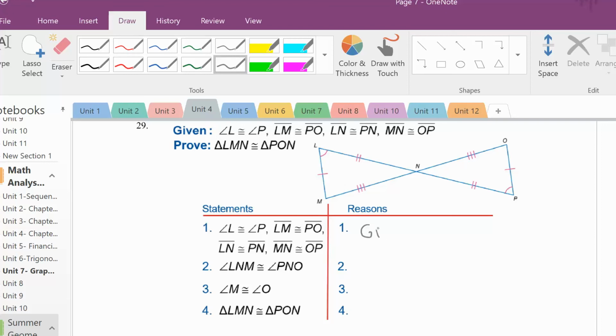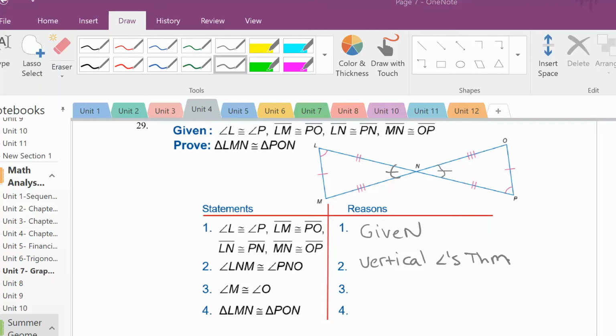And the reason, remember, the first reason is always given. Now, it says angle LNM, so right here, is congruent to angle PNO, which is right here. And the reason you can say that is the fact that vertical angles are congruent, or the vertical angles theorem, either one.